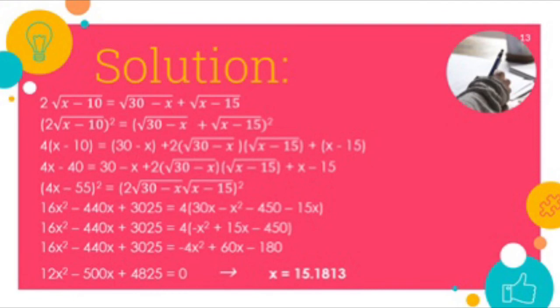As we simplify the equation, we are going to arrive at a quadratic equation of 12x squared minus 500x plus 4,825 is equal to 0. Using shift solve in our calculators, x is now equal to 15.1813.